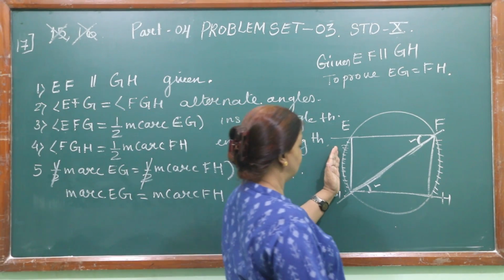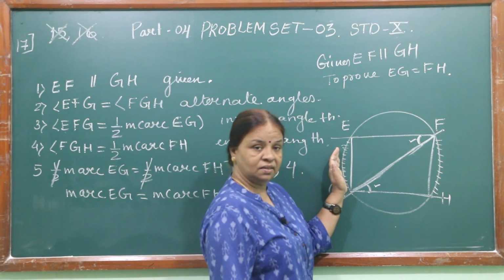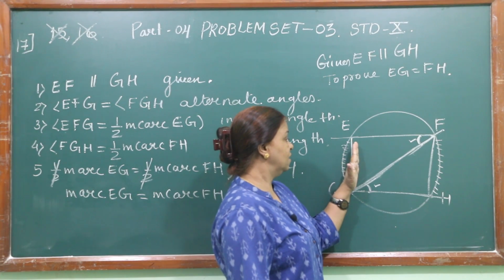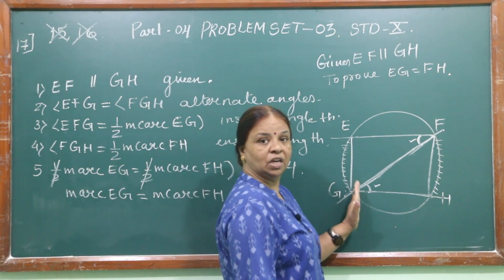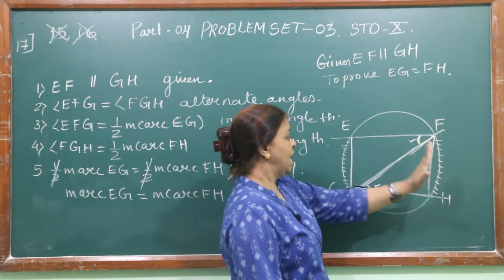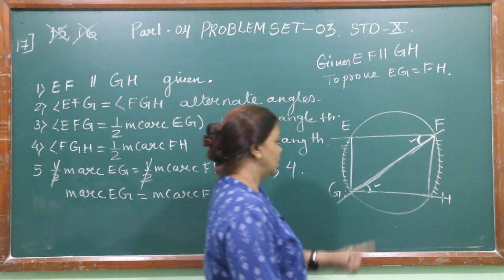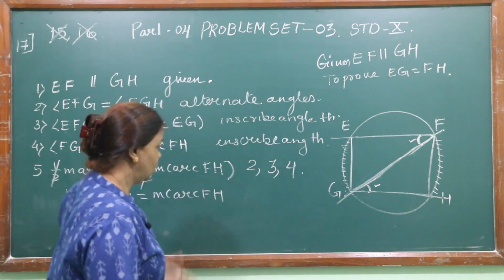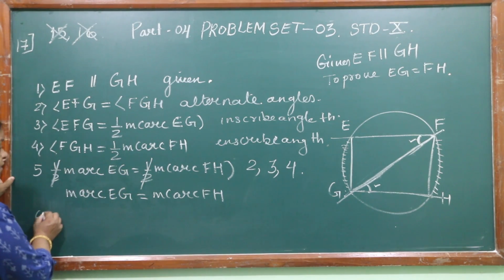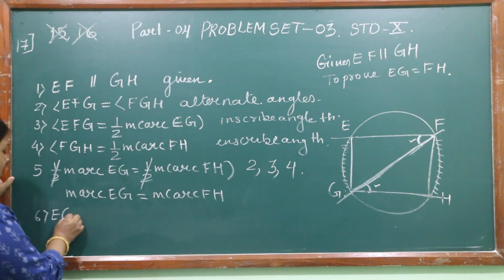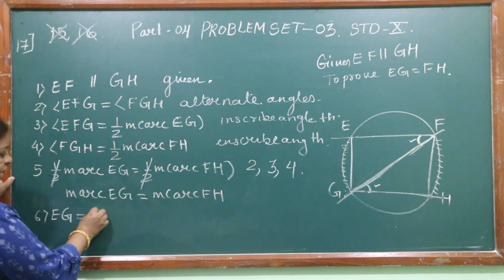This arc is subtending this chord, and this arc is corresponding to this chord. So if arcs are equal, the chords are also going to be equal. So we can say in sixth point, EG is equal to FH.